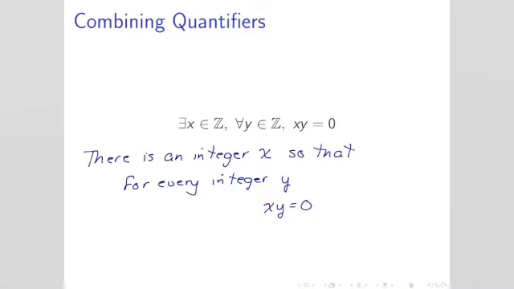Notice, in order to prove an existential quantifier, an existential statement, I would have to exhibit such an x. So can we prove that there is some integer x so that no matter which y you choose, x times y will be equal to 0? Well, we can because of 0. We'll let x equal 0.